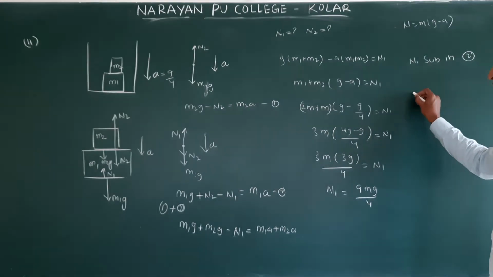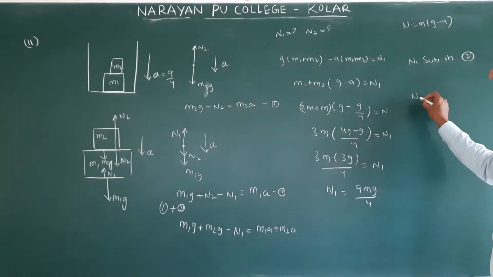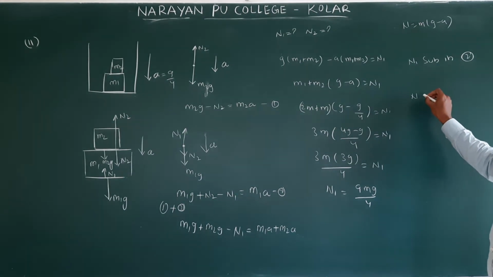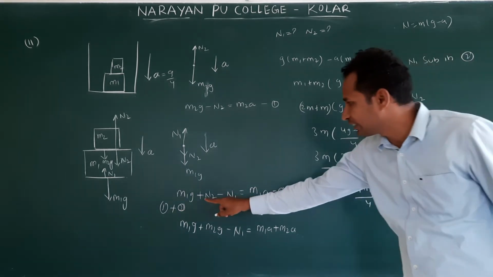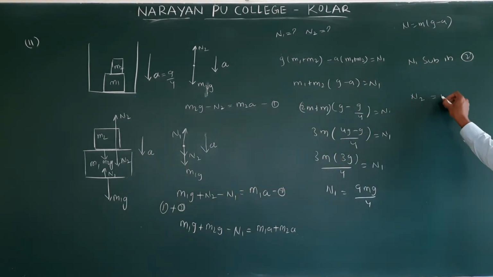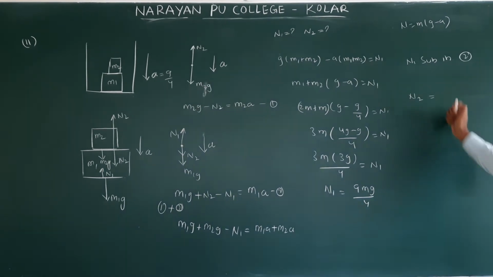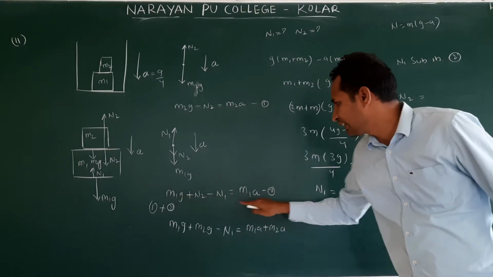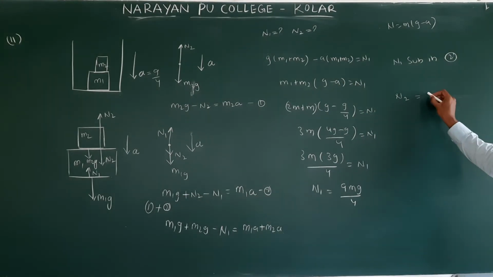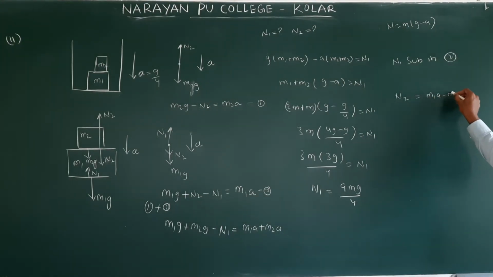So to calculate N2, keep N2 as is here, and remaining all comes to this side. M1a plus N1 minus M1g. M1a comes this side. So N2 is equal to M1a minus M1g plus N1.